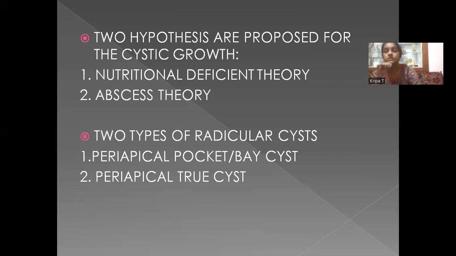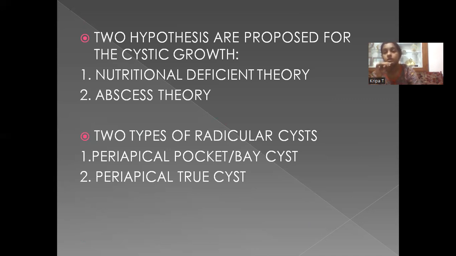As the cells in the center proliferate, the amount of nutrition they get from the periphery will reduce, so the cells will start to degenerate and will create a cavity inside. That's one of the theories.